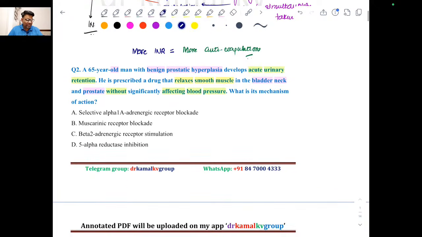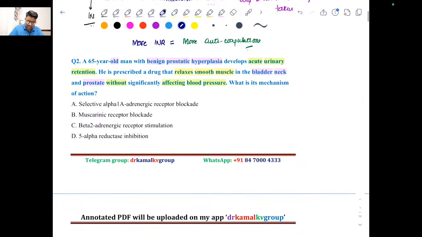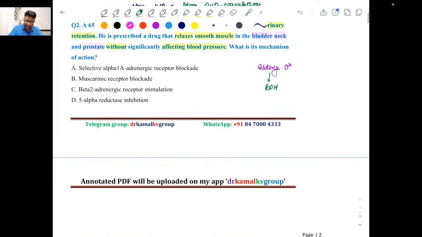Very good Priya, very good Kakul. So here the case is an elderly male with benign prostatic hyperplasia, and then he developed acute urinary retention.